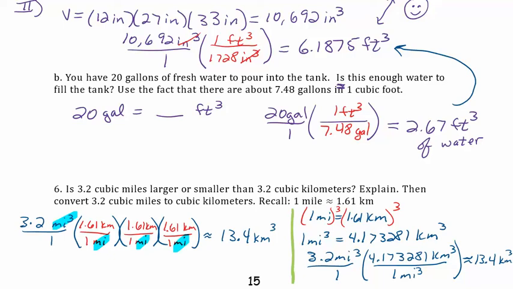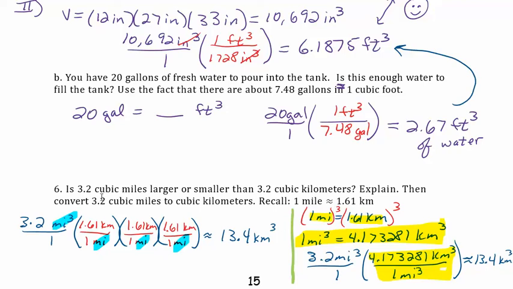The other option is to take your conversion factor and cube both sides of it to create a new conversion factor. So here's your new conversion factor for volume. Okay, so we're taking our conversion factor for length, we're cubing both sides to create the conversion factor for volume, and then we're using that conversion factor to multiply by 3.2 cubic miles, and we end up with the same answer.